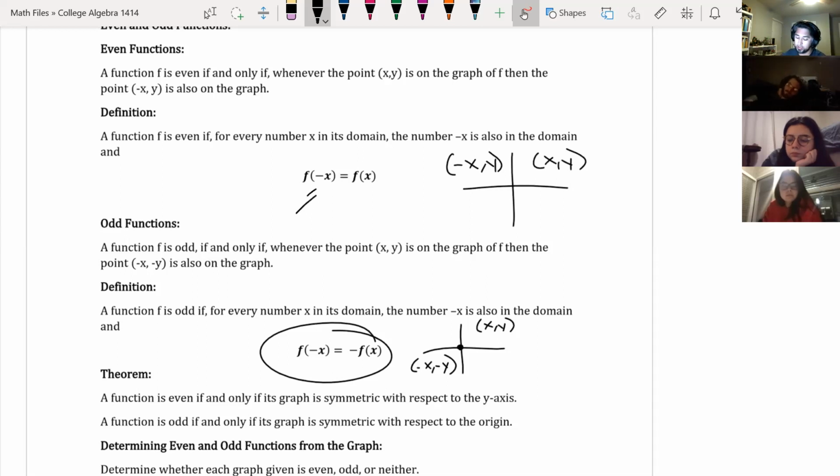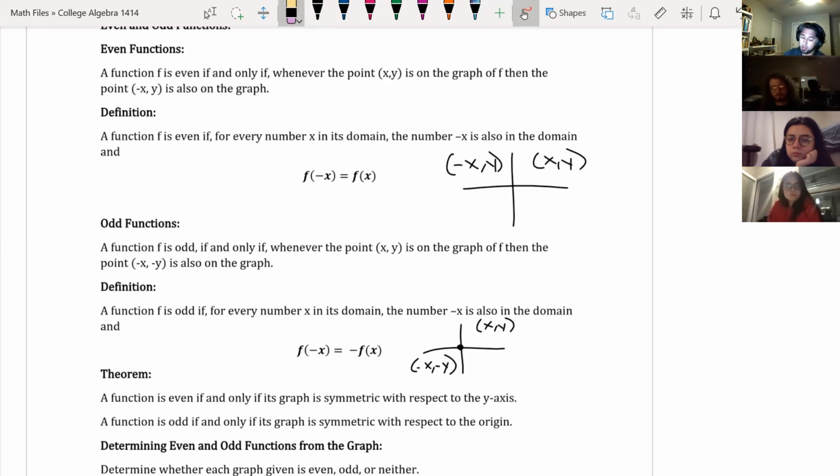Algebraically, if you plug in negative x, you'll get the original function back. And then, to be odd, graphically, you are symmetric about the origin. You flip over (0, 0). And algebraically, if you plug in negative x, you get the original function back, but all the signs must change.